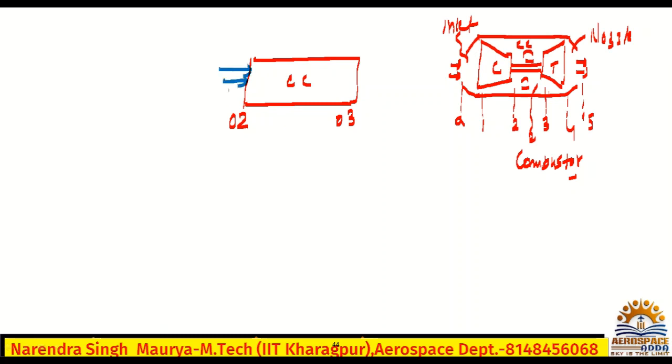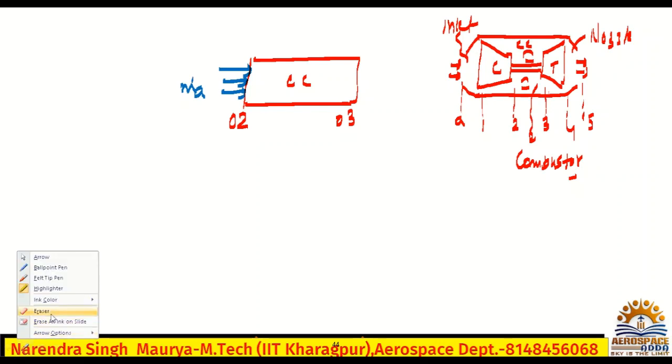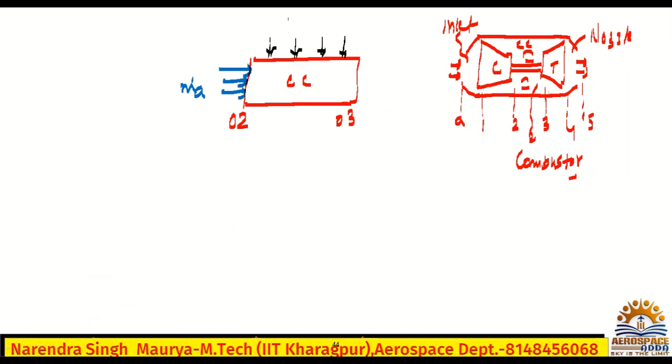This is the air, m dot a, and you add fuel in the combustion chamber, m dot f. Burning occurs, the combustor combusts the fuel, so you will have m dot a plus m dot f. This is all about the combustion chamber.